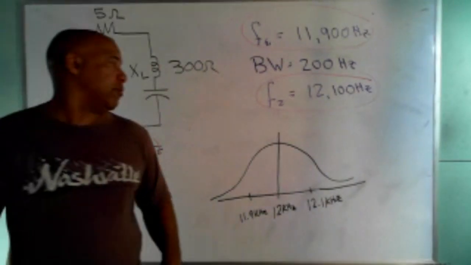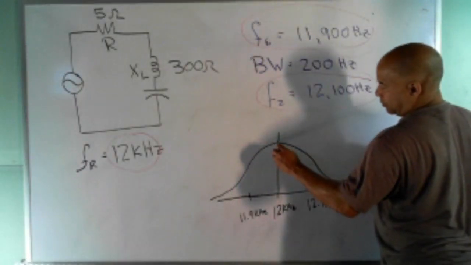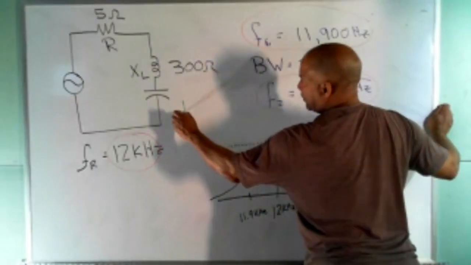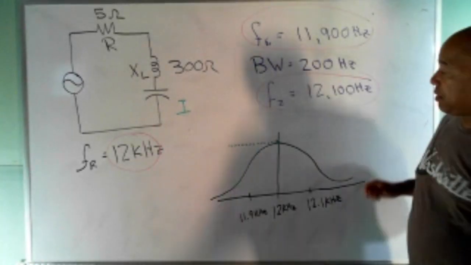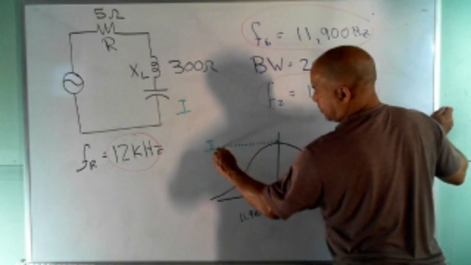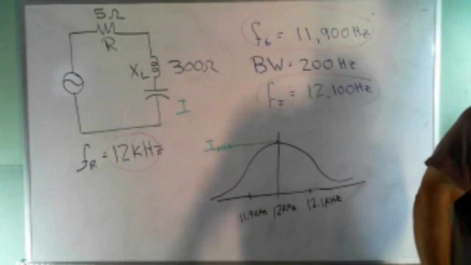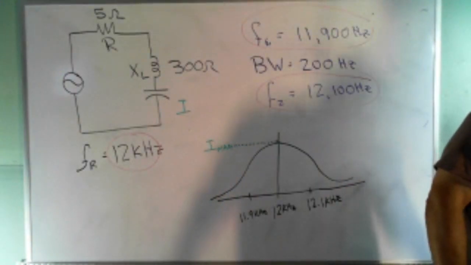And then what are my important points? Well, one is this. That's Imax. We can't get Imax. They didn't give us a voltage, did they? All right, I'll just call it Imax. Did they give us a voltage? Okay, all right.